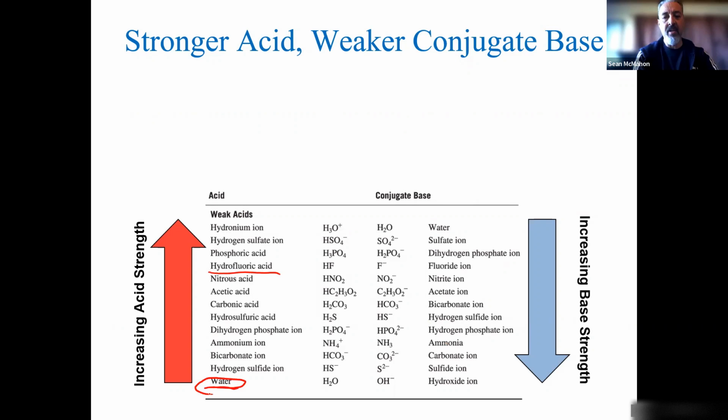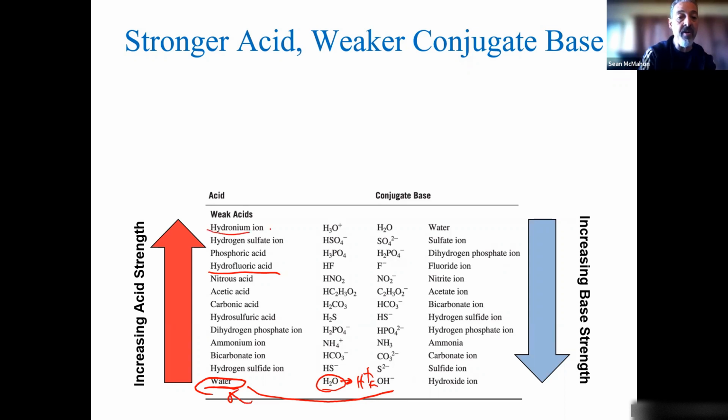It's neutral. So as a result, its conjugate base, hydroxide, because how do I go from an acid to a base? I got to donate that proton. And if I lose a proton from water, all that's left is hydroxide. So the hydroxide is an extremely strong base because it's a conjugate base to a really weak acid, water.